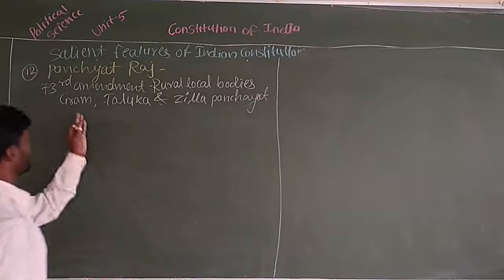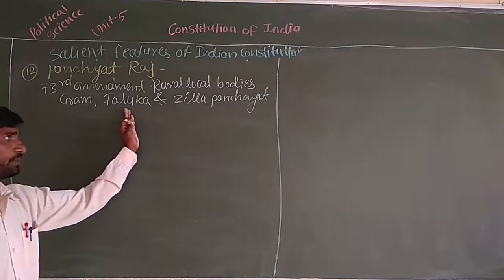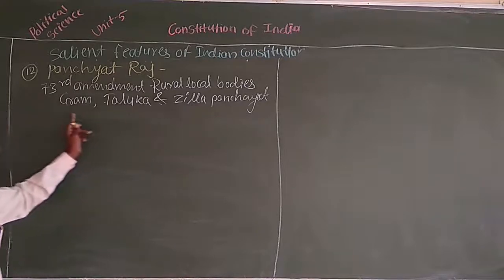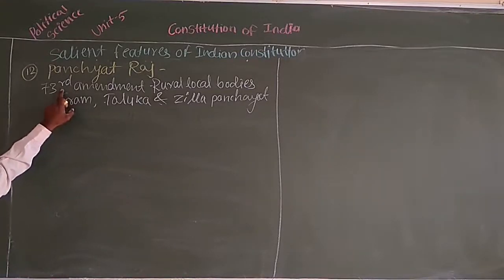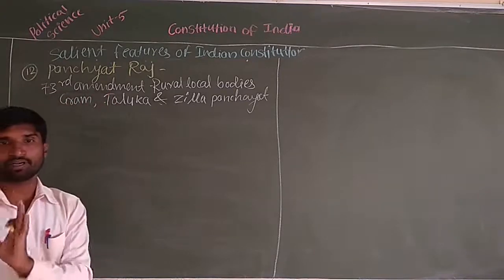So these three tiers come in the Panchayat Raj as per the 73rd amendment.